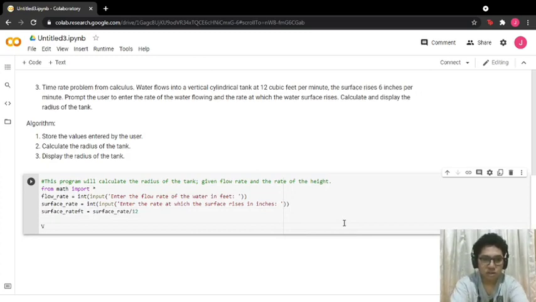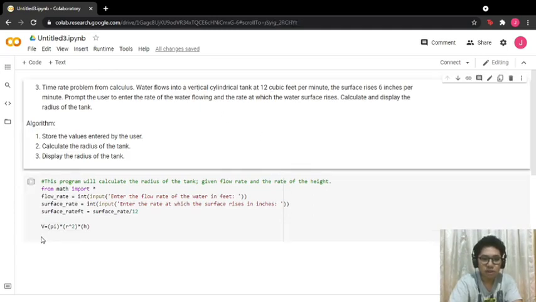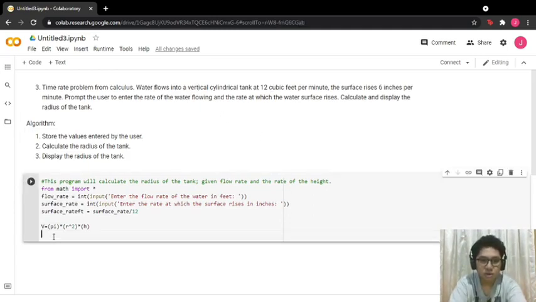So since the volume of the cylindrical tank is V is equal to pi r squared times its height. If we get the derivative of each variable with respect to time, our dV/dt here will be the flow rate of the tank, that is equal to 12 cubic feet per minute.